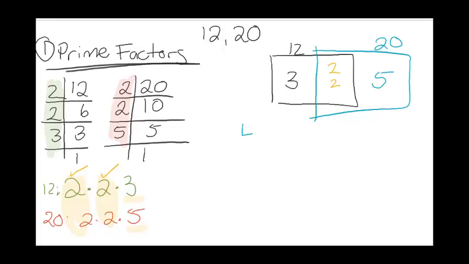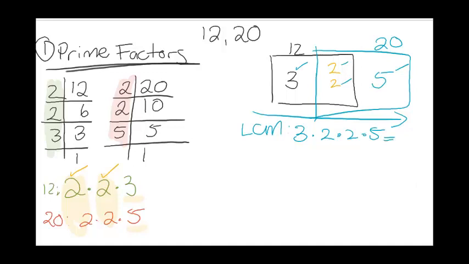My LCM is going to be equal to all the numbers. If you just read the numbers left to right, you multiply all the numbers. So I'm going to say 3 times 2 times 2 times 5. Notice I've got the 3, the 2, the 2, the 5. I multiply all those numbers together, and that gives me my LCM.